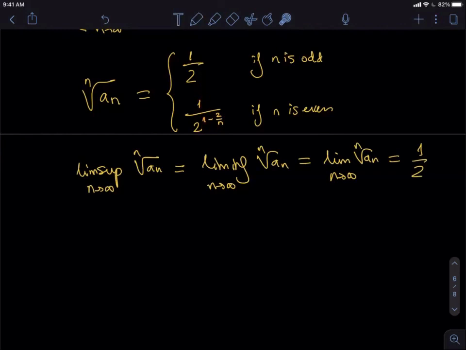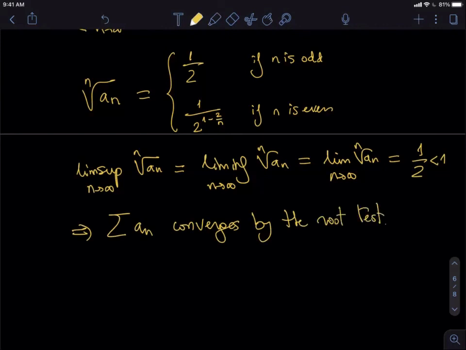So regardless of odd or even, they both converge to the same thing. So we are good. But most important, because 1/2 is less than 1, the series converges by the root test.